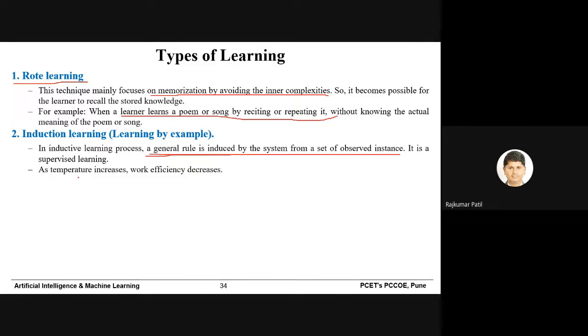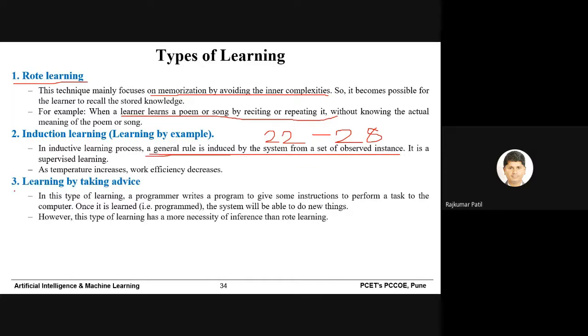From this learning, one important conclusion can be drawn: at what temperature the efficiency of the workforce increases. That's why generally a temperature range between 22 and 28 is maintained, especially at workplaces, in order to get the maximum work out of human beings. So this is the approximate range. That can be a learning process, and based on that learning process, the decision can be made.